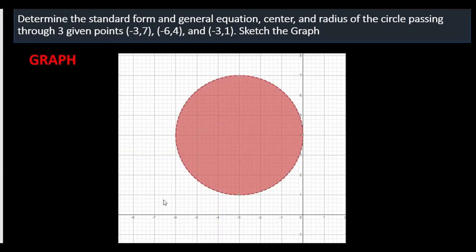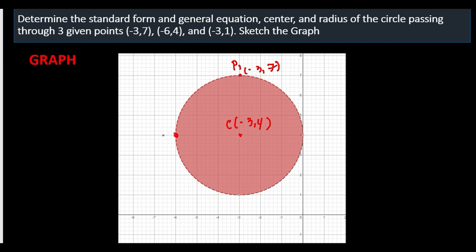Let us graph. So when we graph this one, so for the center, we have negative 3, 4. And then yung 3 points ng circle natin, we have negative 3, 7. Ito siya. Next, yung point 2 naman natin, negative 6, 4.